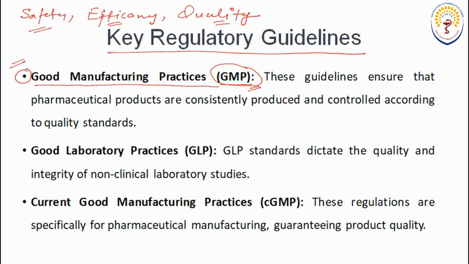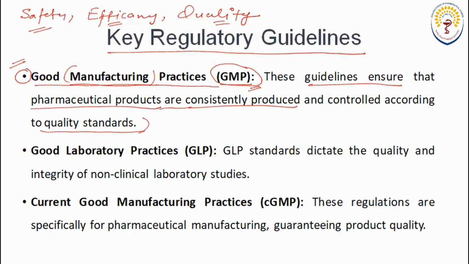Like first, at the manufacturing level, there are good manufacturing practices. So GMP guidelines ensure that our pharmaceutical products, when they are produced, are according to the quality standards given by the regulatory guidelines. Or you can say that they are following GMP.